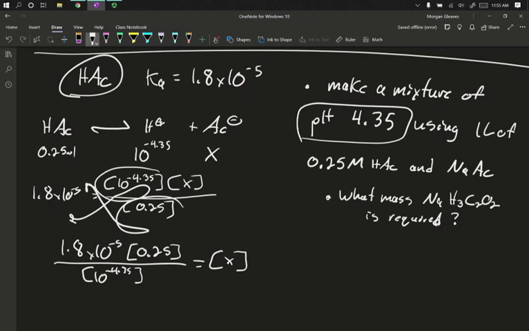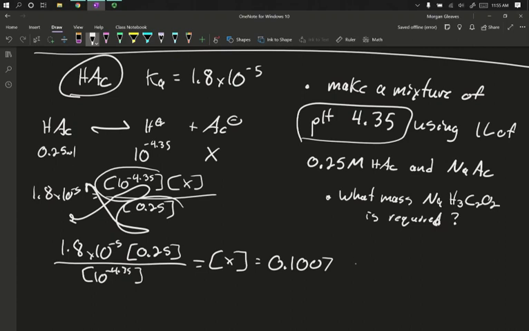What we find is that is 0.1007. I need 0.1 molar. A mixture of 0.25 molar vinegar with 0.1 molar acetate will give me a pH of 4.35.